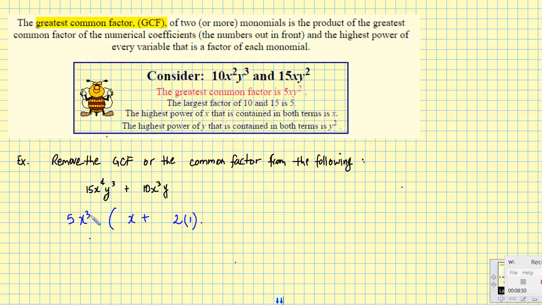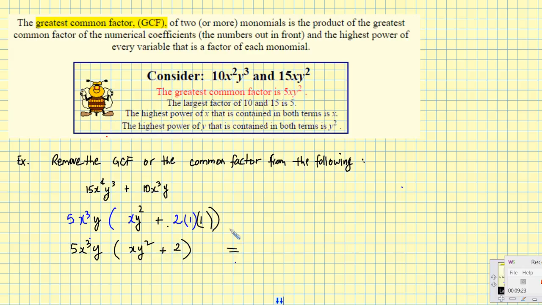The highest thing I can remove is the y, so y cubed divided by y will give me y to the power of 2, and y divided by y will just give me 1. Having done that, I can come up with my final answer: 5x cubed y times, in parentheses, 3xy squared plus 2.